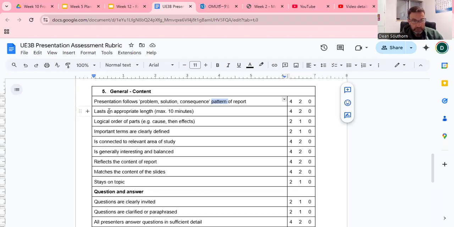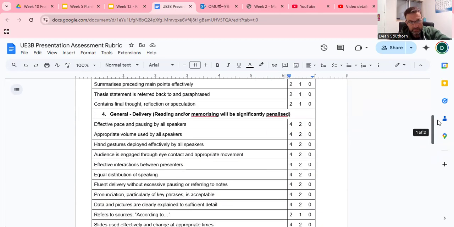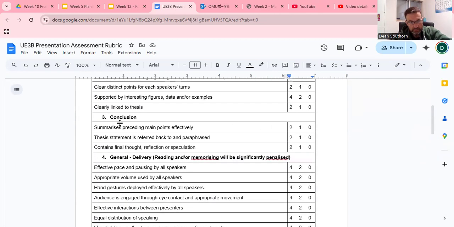The length, this is very important. That's why it's important to practice together. Maximum 10 minutes. If it's longer, I will stop you. That doesn't just mean that you will score a 0 here. It means that you will probably score a 0 for these three.